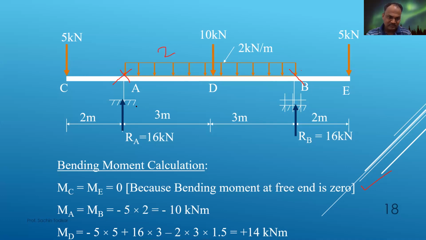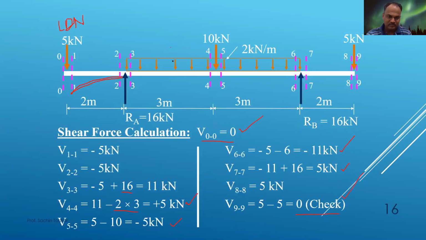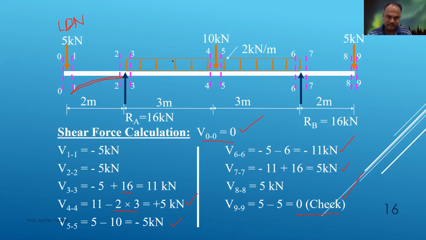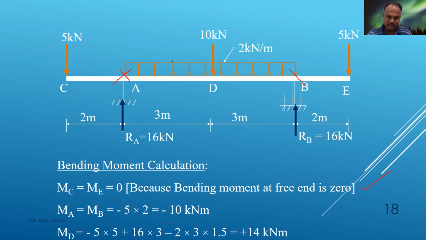It is at a distance of 3 meters multiplied by 3. So you will get the actual loading 2 into 3, and we suppose it is acting at the center of the span. The span is 3 meters, so the center of span is 3 divided by 2, which is 1.5.